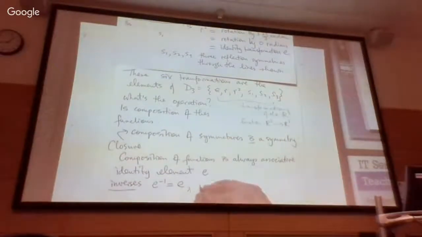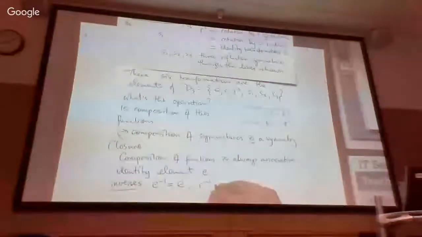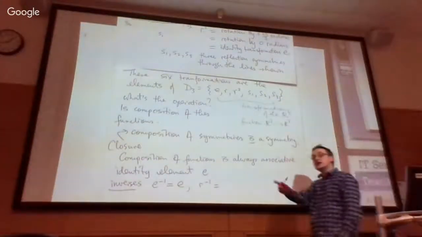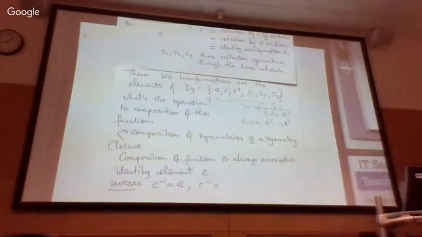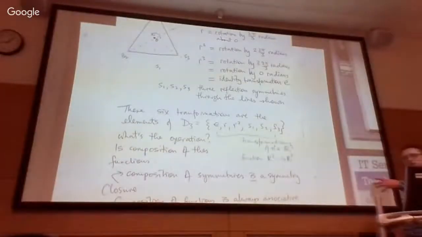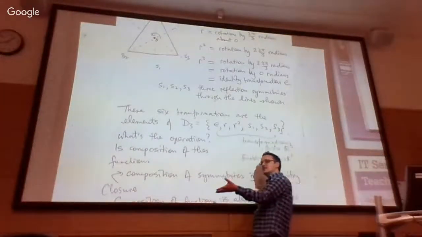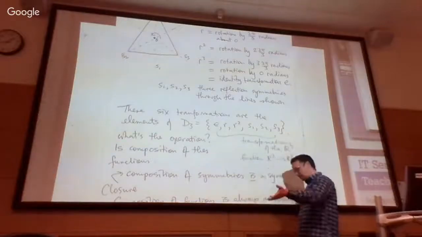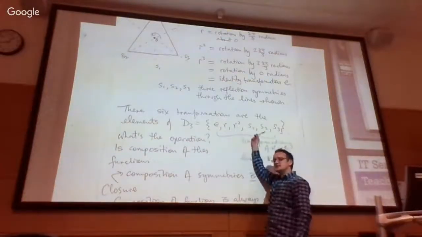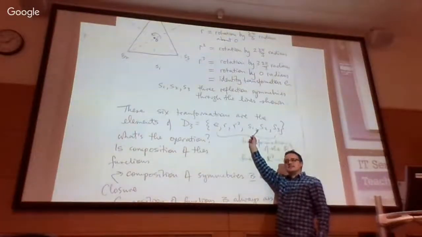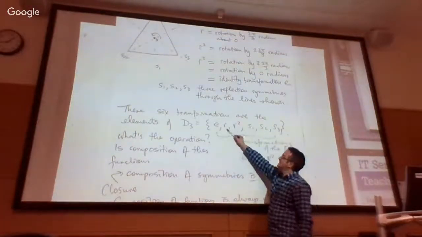What's the inverse of R going to be? Rotation counter to whatever way you... okay. So R is rotation clockwise by a third of a full turn. You're saying the inverse is rotation counterclockwise by a third of a full turn. But in the language of these elements, which one of these elements is it?